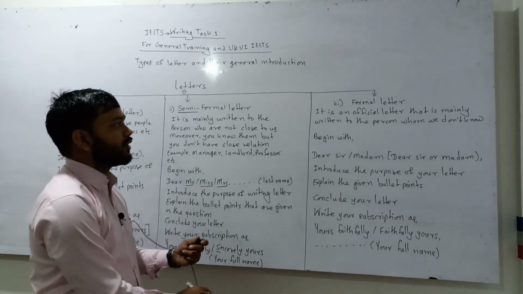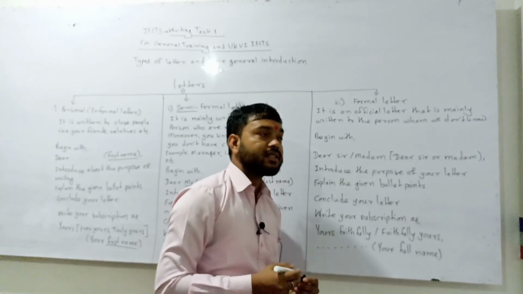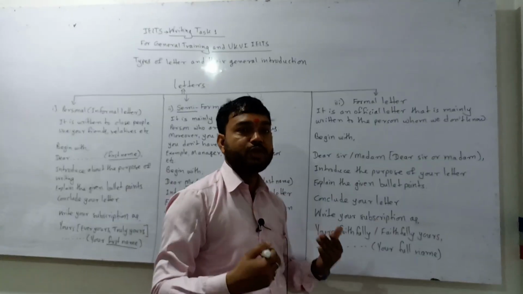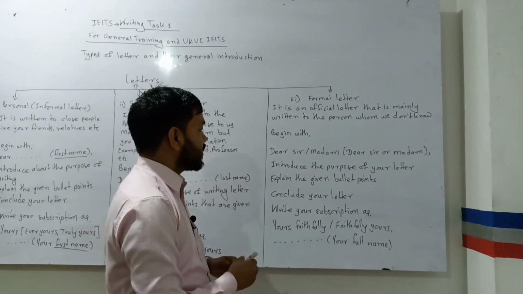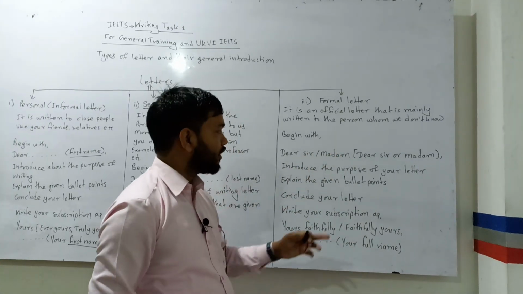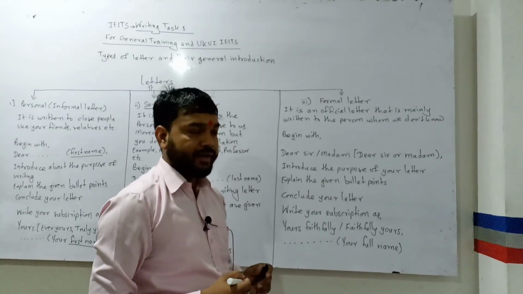Then we go for the formal letter. The formal letter is an official letter that is mainly written to a person whom we don't know. You should begin your letter by saying dear sir or madam, and put a comma at last.